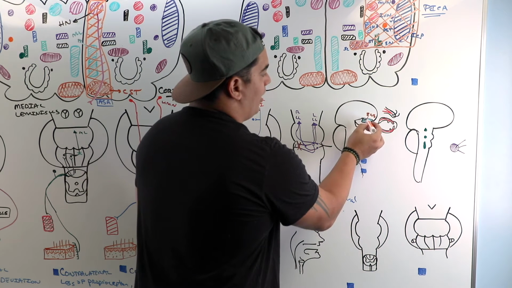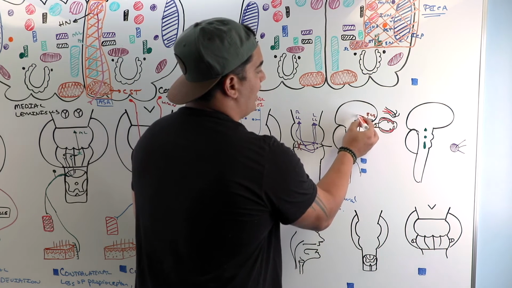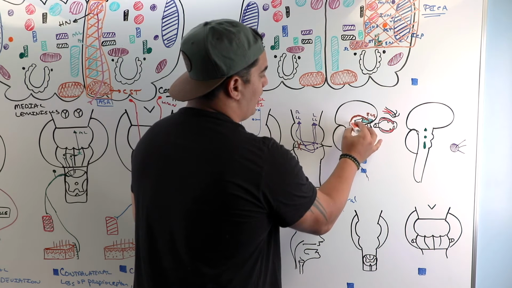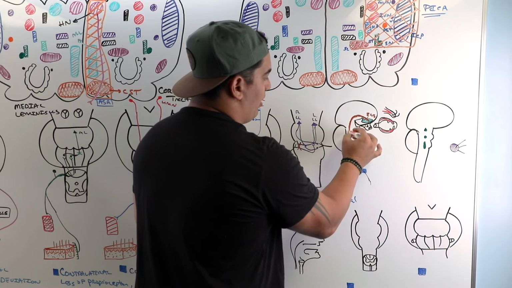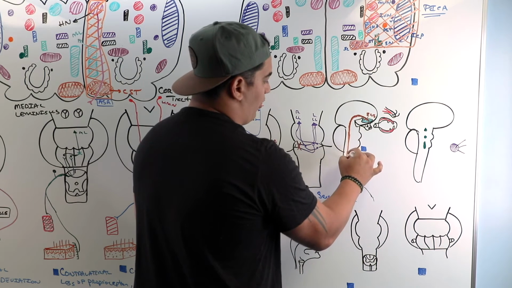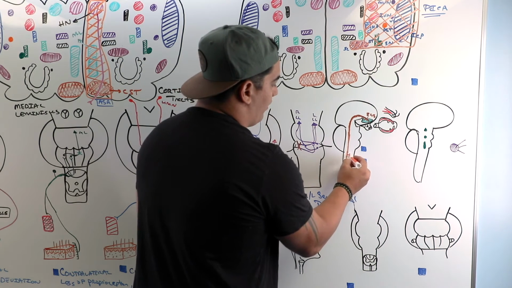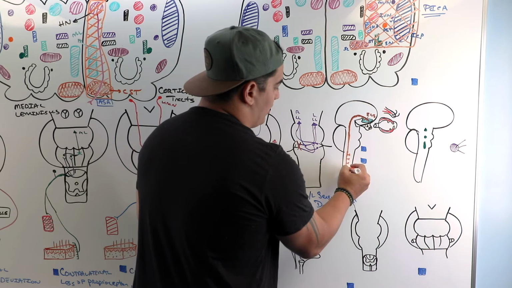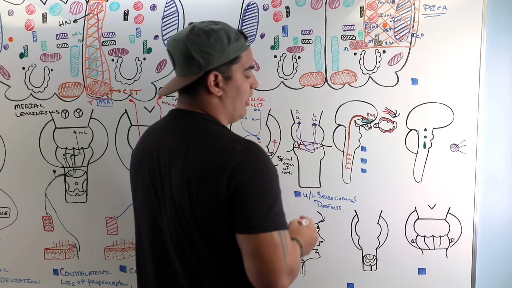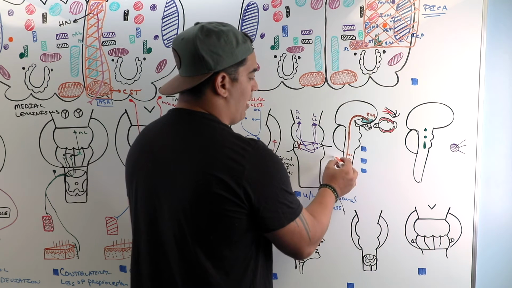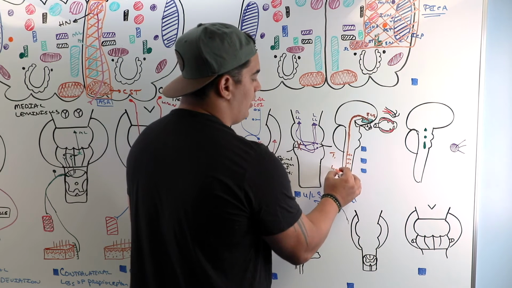There's nuclei in here that have these descending fibers that move downwards through the midbrain, through the pons, through the medulla, into the spinal cord, and give off some axons to some of the preganglionic motor neurons that are present here in the portion of the spinal cord from T1 to L2, right?